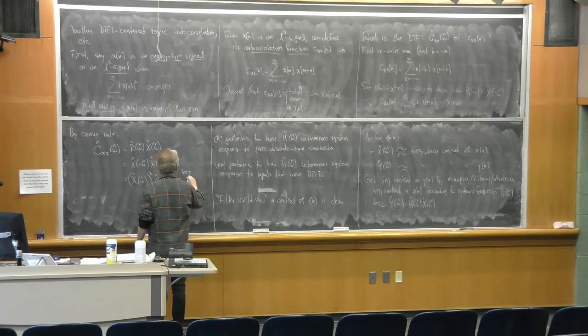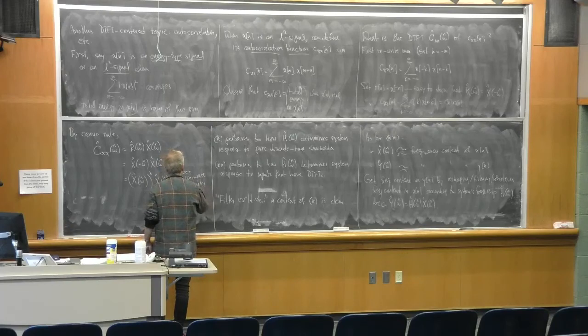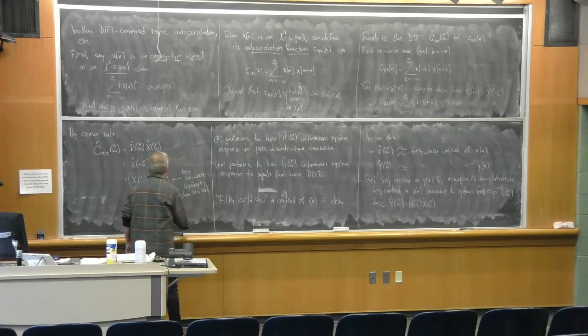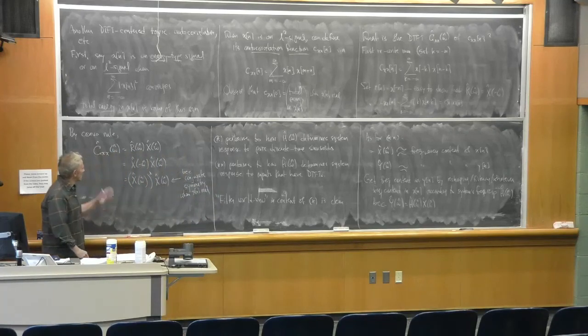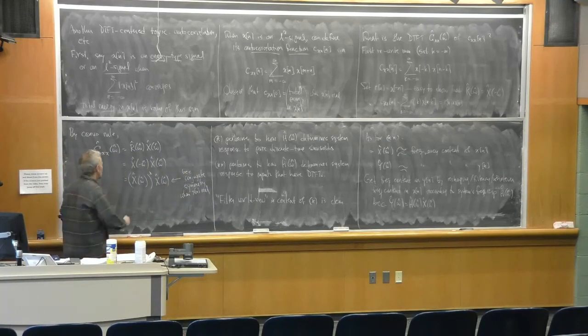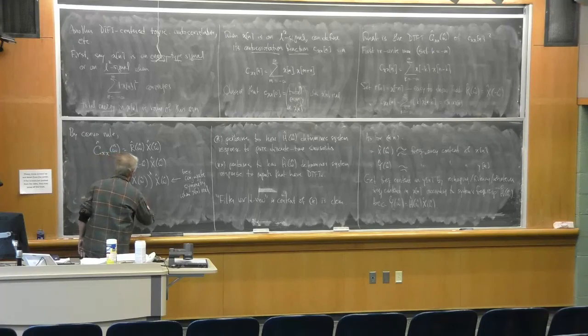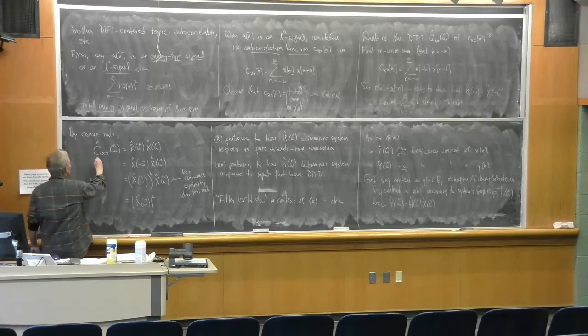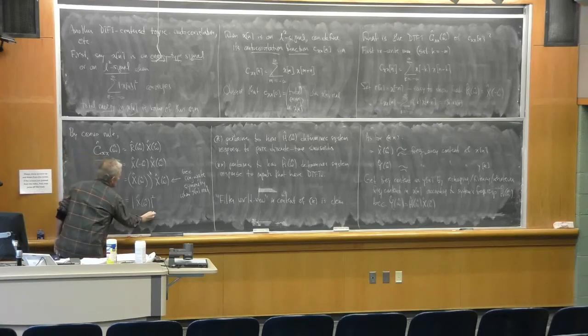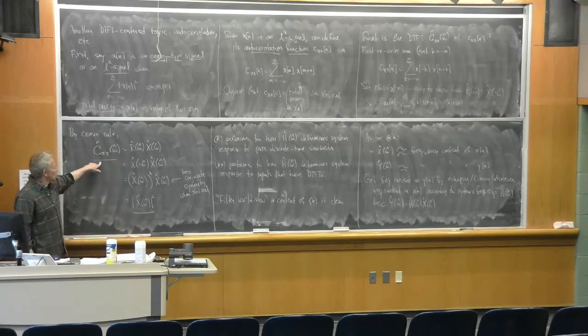So this is because of conjugate symmetry when x of n is real, and if you take something conjugate times something, you get the magnitude squared of something. Bottom line, the DTFT of the autocorrelation function is the magnitude squared of the DTFT of the signal itself.